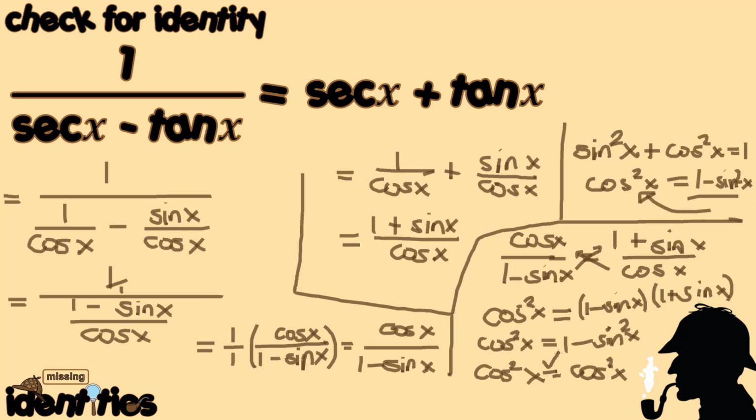Since we have arrived at this, we can now say that this ratio and this ratio are in proportion. They're equal to one another. And take note that this ratio is originally the left-hand side of the equation, and this is the original right-hand side of the equation.